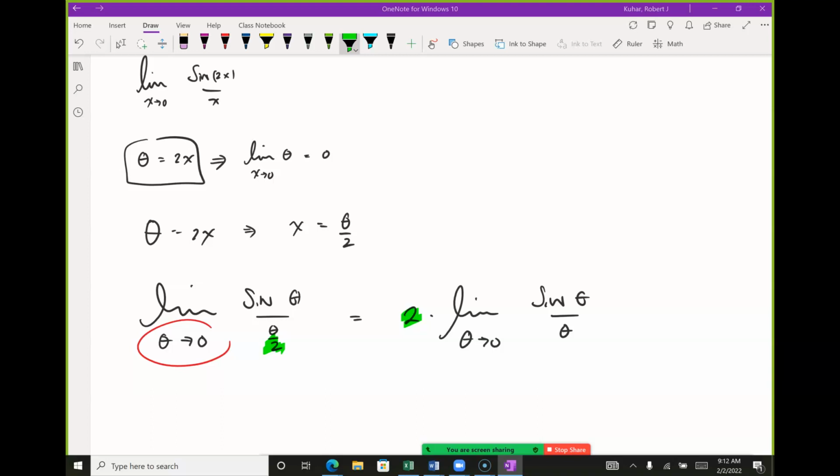But think about it. I have a product, right, of 2 times some other function. What's the limit of that 2? What height does that 2 move to? It stays at 2. So it's like I'm kind of doing that limit real quick. And so what do I know about this limit here in the box?